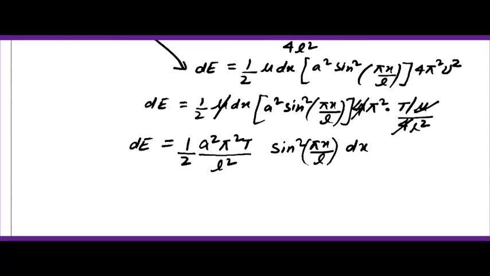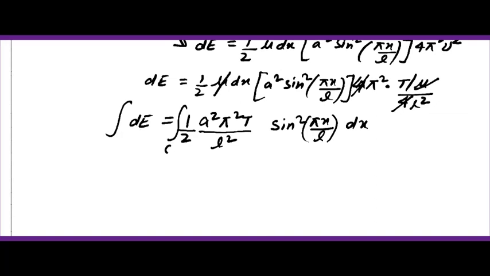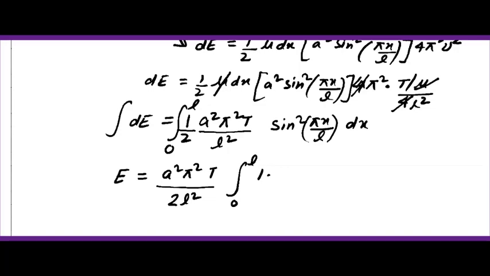Now to find out the total energy in this string, integrate this equation on both sides from 0 to L. So E is equal to a square pi square T divided by 2L square, integration 0 to L, and sine square can be represented as 1 minus cos 2 pi x by L divided by 2, and dx.